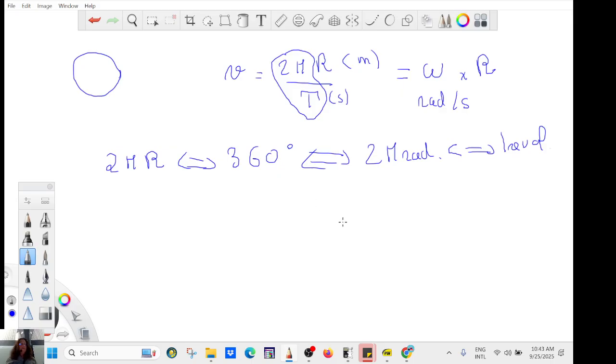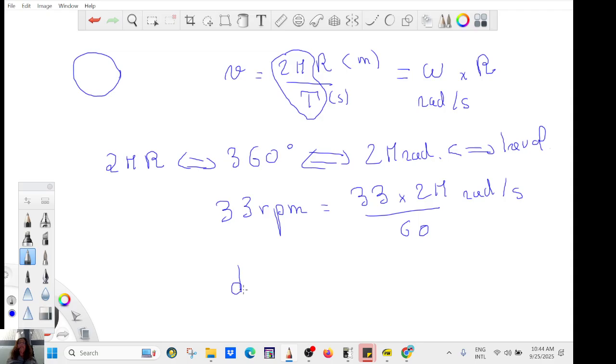Okay, what else? For example, if you have 33 revolutions per minute, that will be the old vinyl, for example, that will be the same thing as 33 times 2 pi over 60. So that will be rad per second.